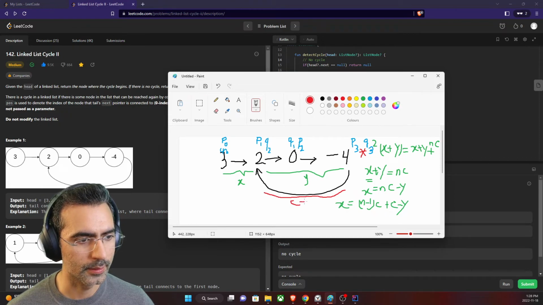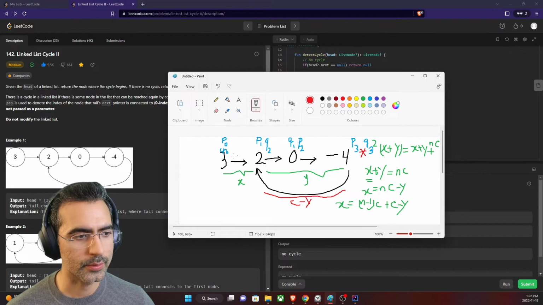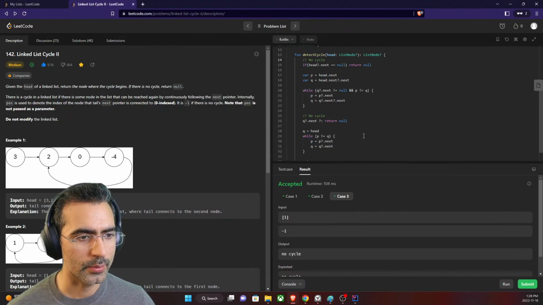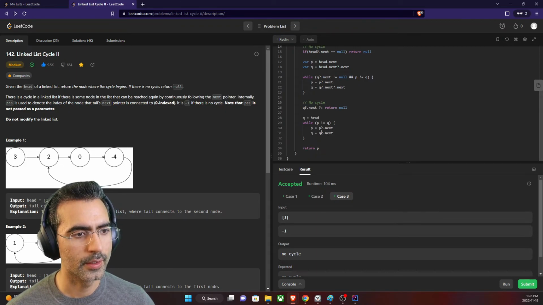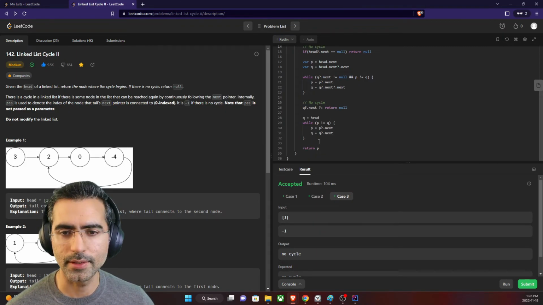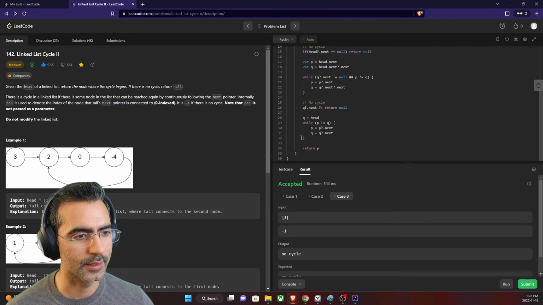This is C minus Y. So in other words, if we keep moving forward until we reach this point, it would be the same as traversing from the head till the beginning of the cycle. So by using this approach, that's what we did here when traversing the linked list, and that's where we reached the beginning of the cycle, and then we returned p here.